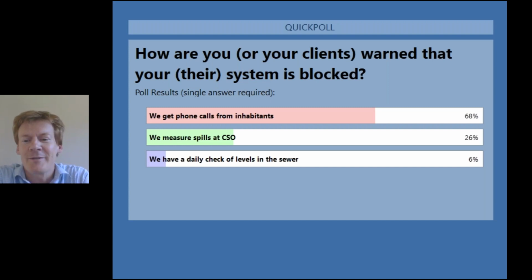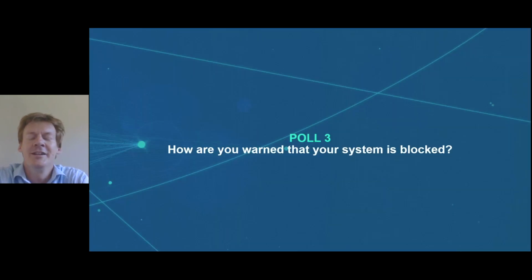What we see with the climate changing and with heavier rain intensity, there's more focus on the sewer system itself, and there's a bigger ask for a better monitoring system that can warn in advance. Because what we've been talking about earlier is that the focus first was on the CSO to look back on what happened. We now want to be warned by a monitoring system that something is growing.